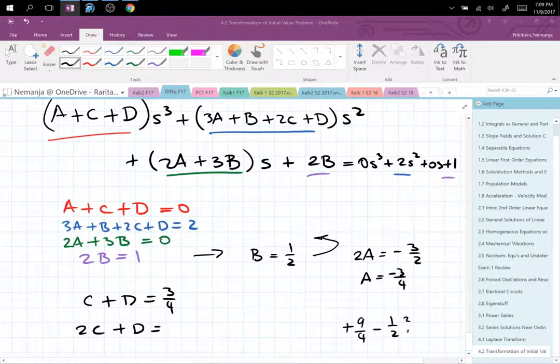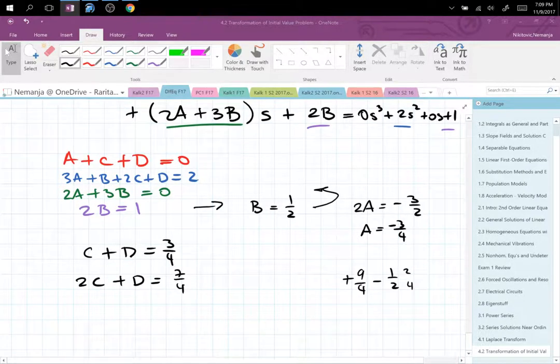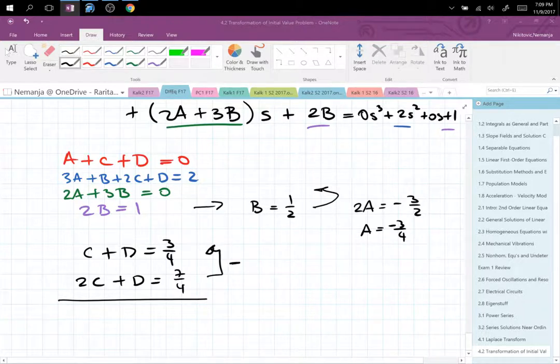So that's 2/4, so that's 7/4. Now we subtract equations, and I'll do bottom one minus the top one. So c is equal to 1. And if c is 1, d must be negative 1/4.